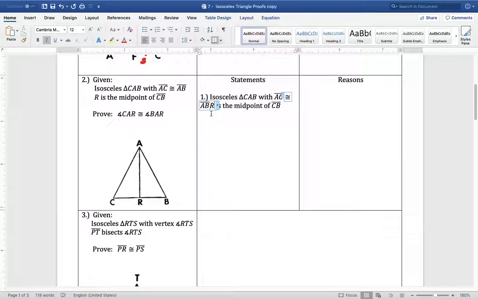And this is given. This here. Okay, and get step 2 ready here. Get this step 2 ready here as well.